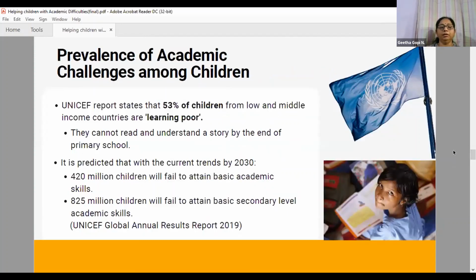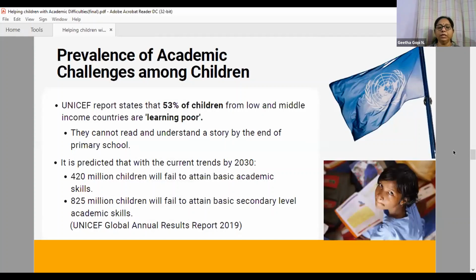Learning poor means they are unable to acquire the right kind of reading and comprehension skills by the end of primary school. And if you look at the screen, you can see that many of them fail to attain basic academic skills, that is functional literacy and functional numeracy.